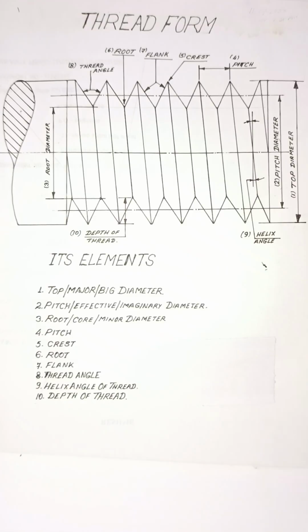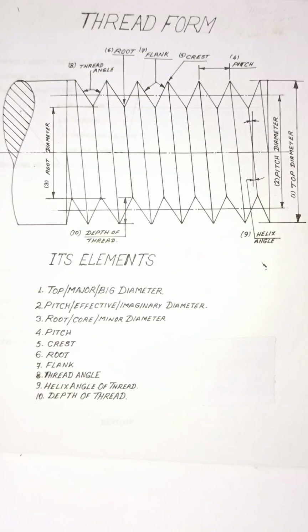But in bigger diameter, we have to give helix angle to the tool to just clear the body of the tool from the job which we are producing. The tool flank should not rub the job flank, meaning thread flank. Then it will cause an accident, or it may damage the tool, or the job which we are producing.